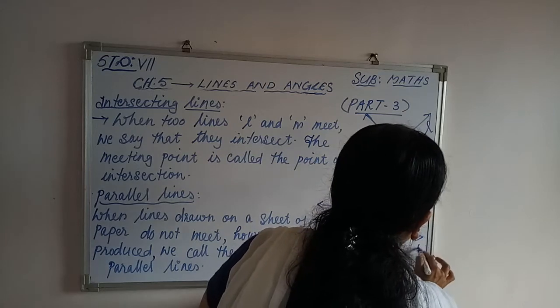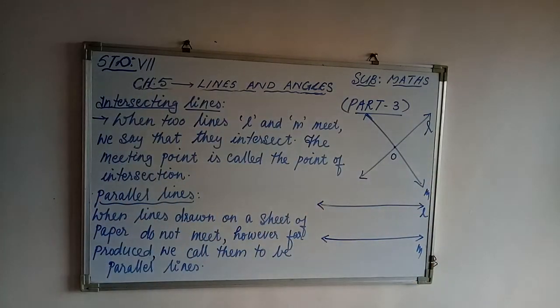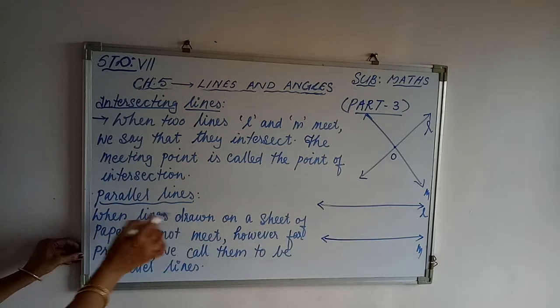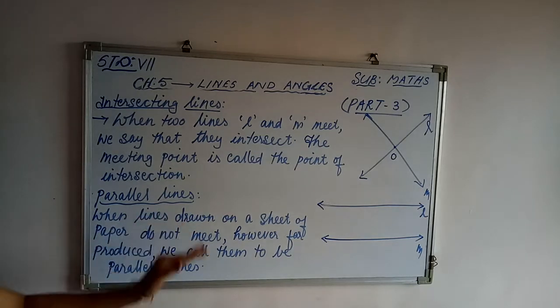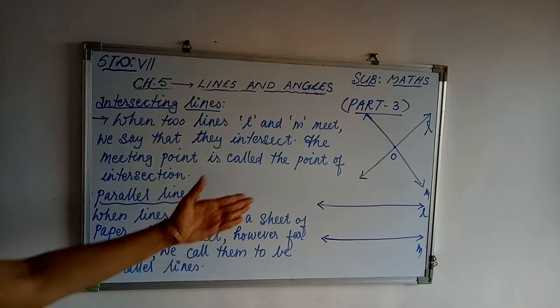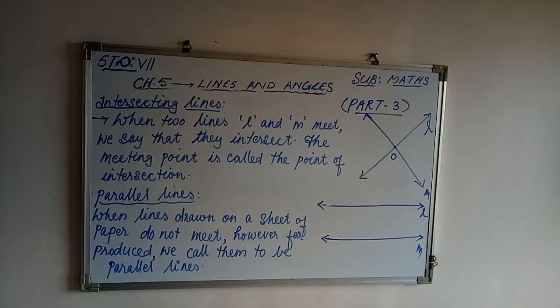There is no common point for these parallel lines. So what are parallel lines? When lines are drawn on a sheet of paper and they do not meet, however far produced, we call them parallel lines. You must have seen the railway track, isn't it? An example of this.